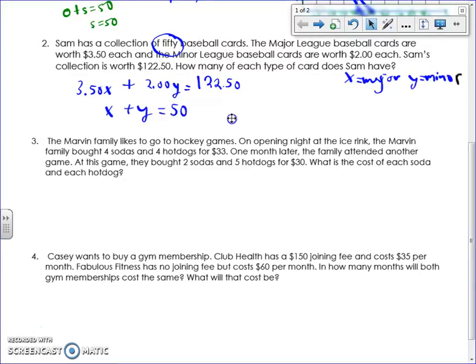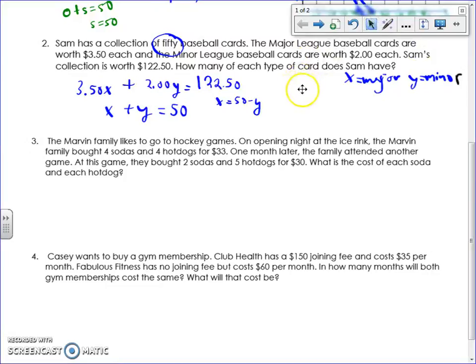Alright, so to solve this, I'm going to use the substitution method. So I'm going to change this equation to x equals 50 minus y. I subtracted y from both sides here. So x equals 50 minus y. And I'm going to take this x and substitute it in for my x up here.